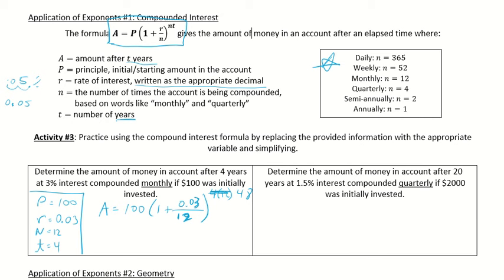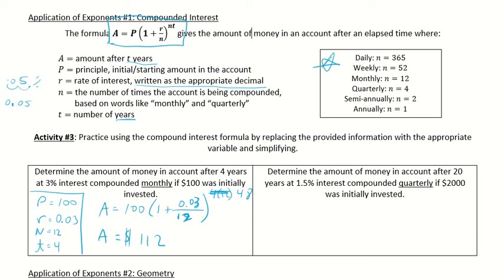Then hit enter and raise that answer to the 48th power. Hit enter, and then multiply that answer by 100. This way, no rounding takes place, and you'll have the exact answer until the end, when we will round to the nearest penny because we're talking about money.